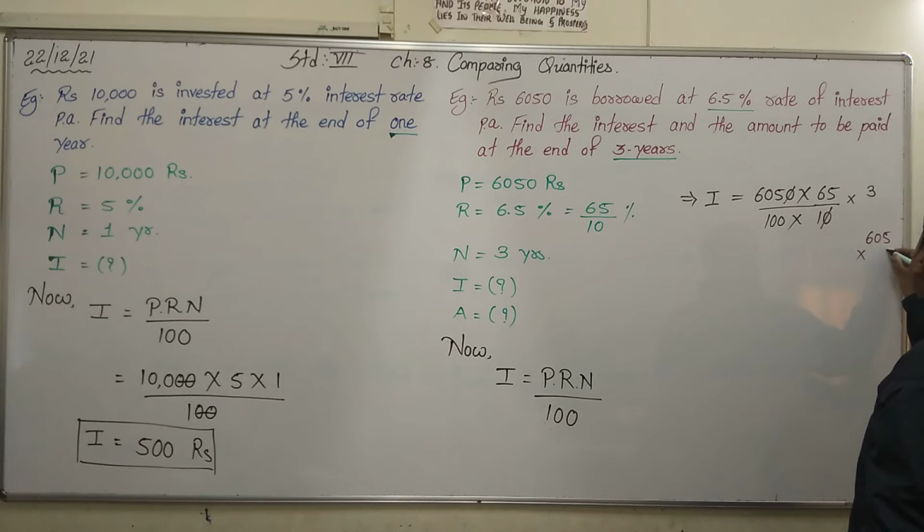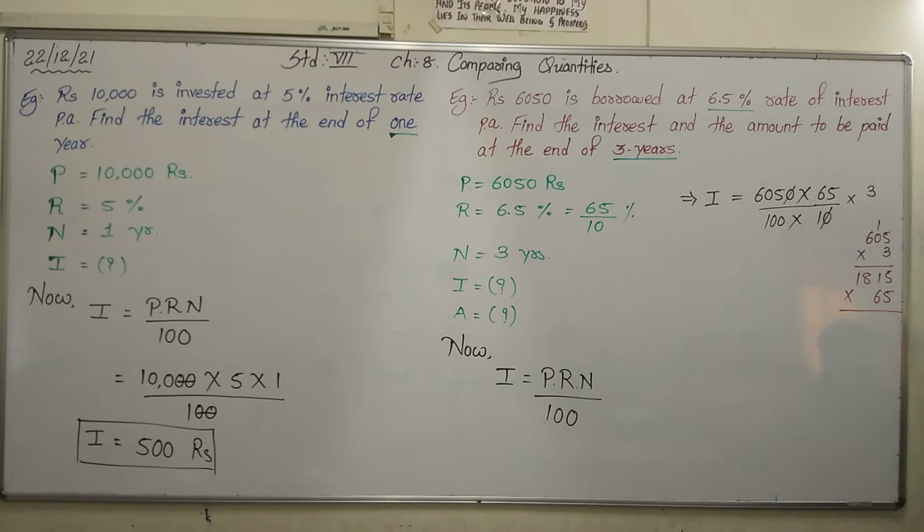So 605 multiplied by 3. 3 5s are 15. 3 6s are 18. Multiplied by 65. 6 5s are 30. Carry 3. 6 1s are 7, 8. 6 8s are 48. 6 1s are 6. 7, 8, 9, 10.